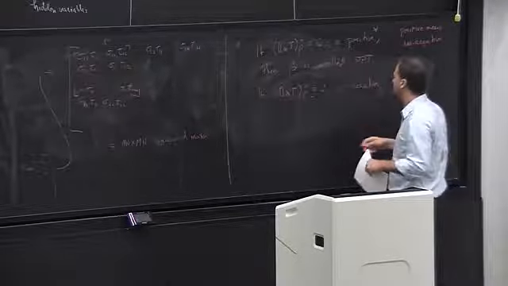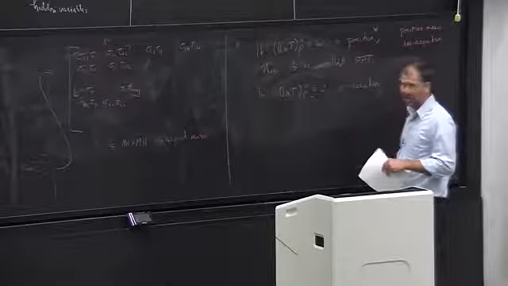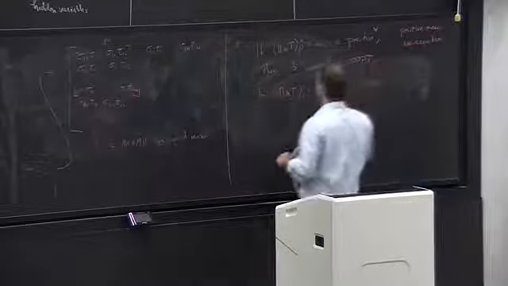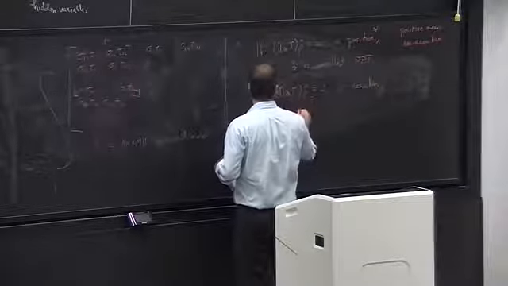So if this object is negative, meaning it has some negative eigenvalues, then rho is called NPT.